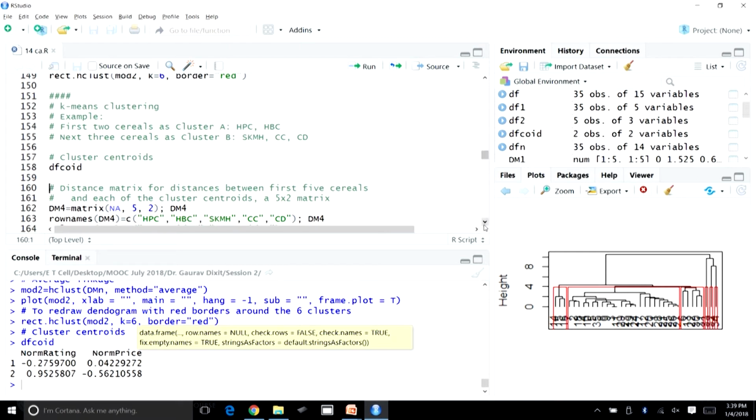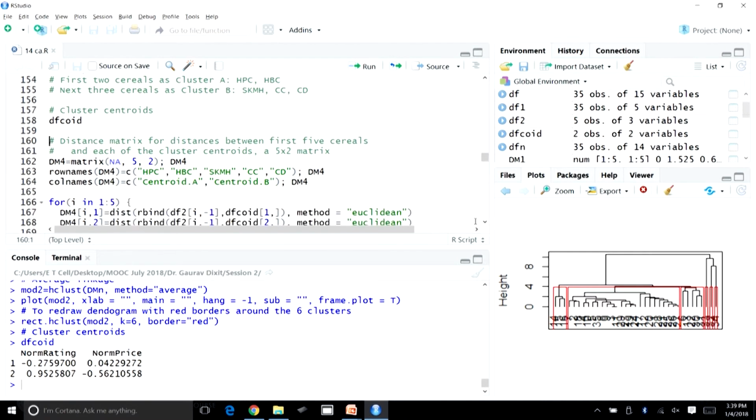Now, as we talked about, we know the cluster centroids and we have these 5 observations. Now, we will compute a distance metric which will have distances between these 5 observations and each of the cluster centroids, because we want to identify the closeness of each of these observations with the 2 cluster centroids that we have.